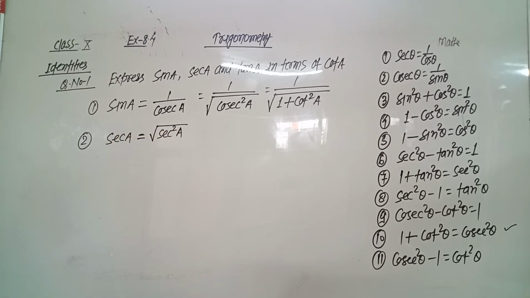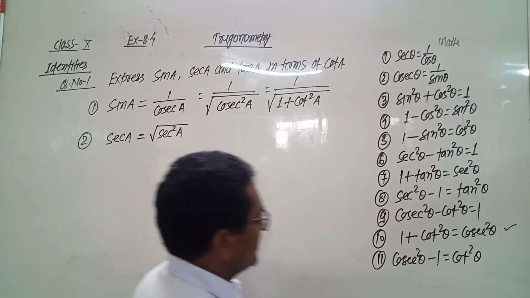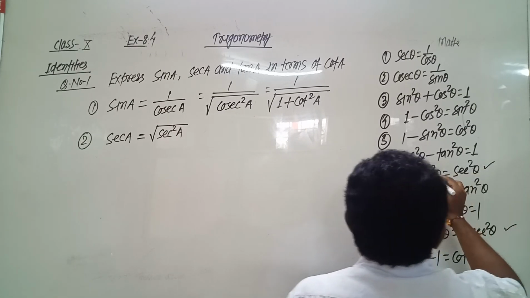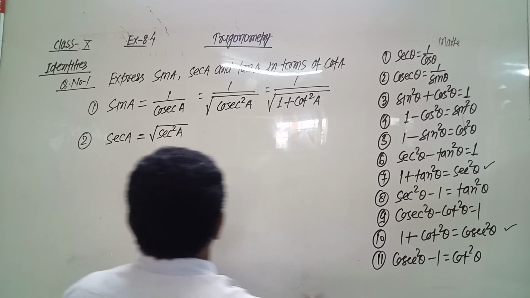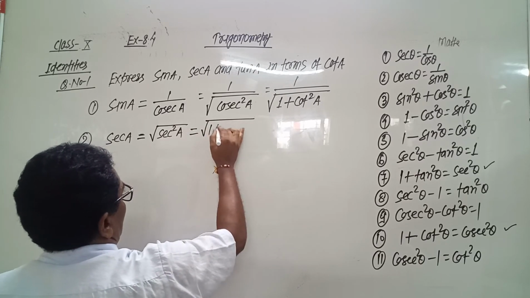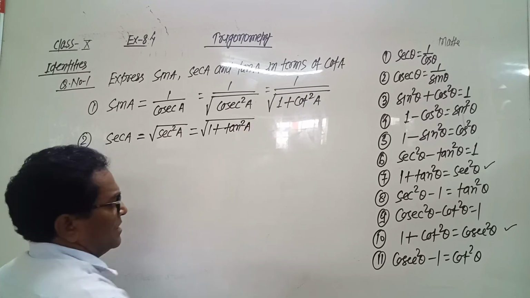Now you have to write the formula for sec square A. The formula for sec square A is 1 plus tan square theta. So sec square A is written as 1 plus tan square A.